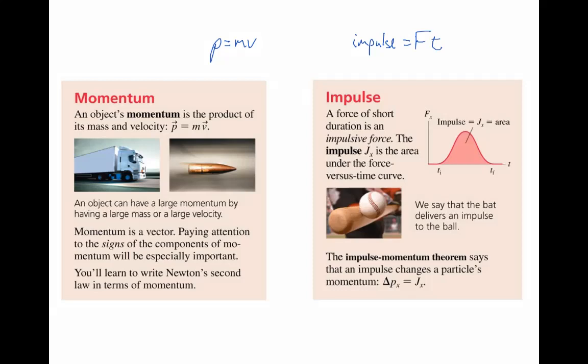When we use Newton's second law to relate these to each other, we see that mass times a change in velocity is equal to the force times the change in time. And this is the relationship we have between momentum and impulse, which we've been using for a little while.